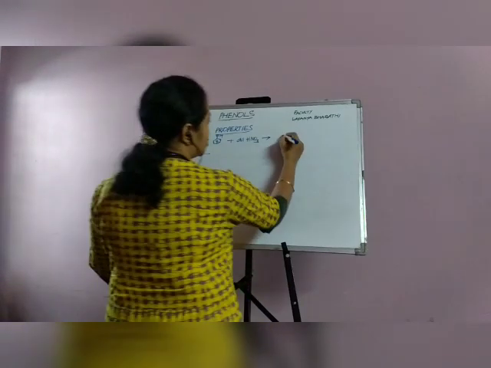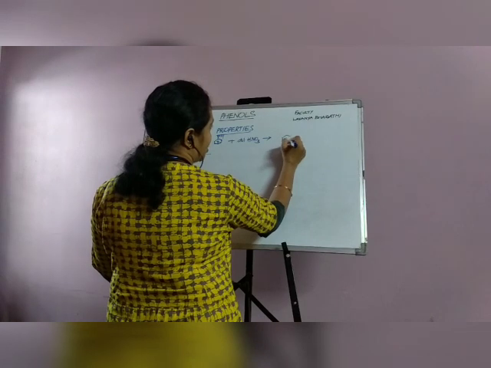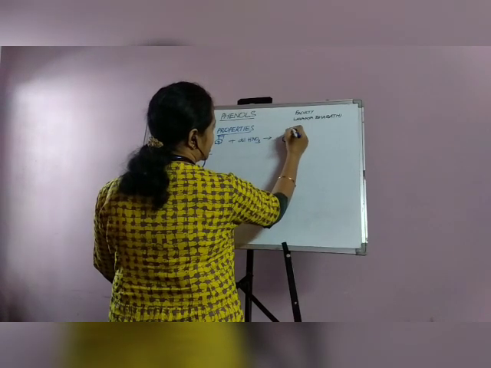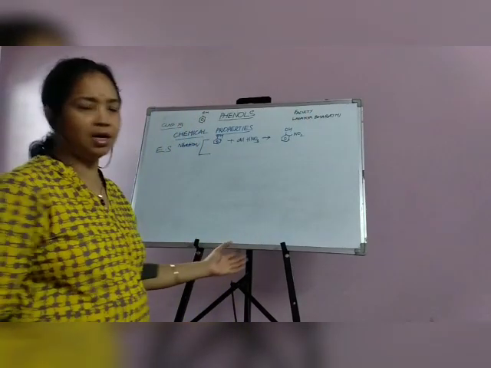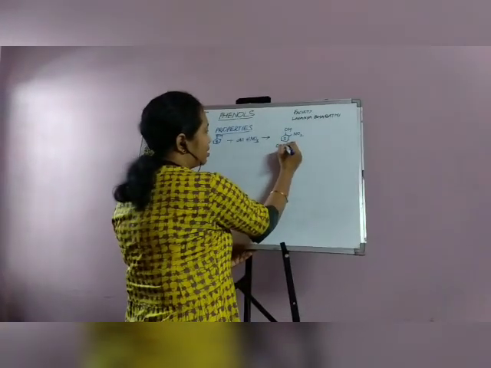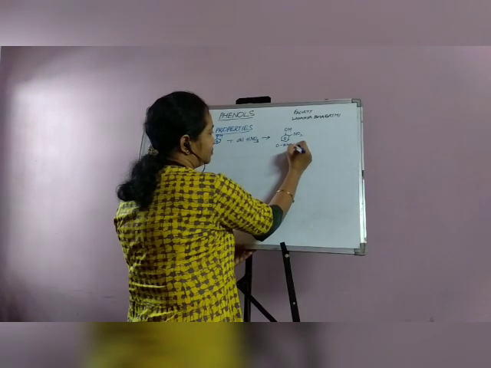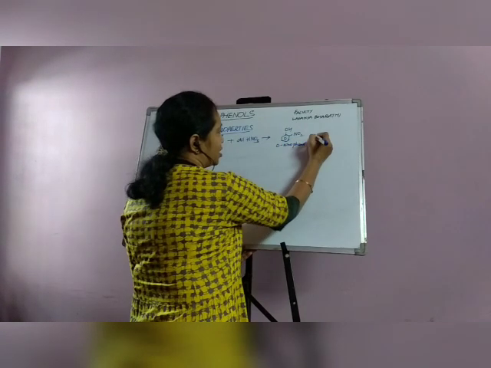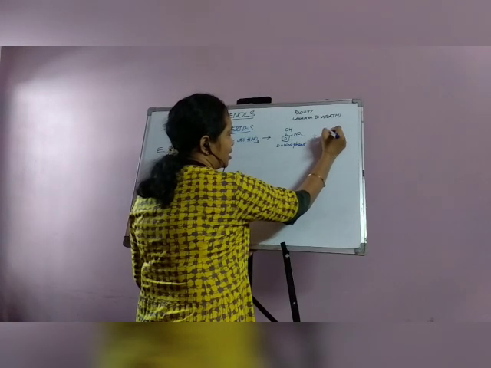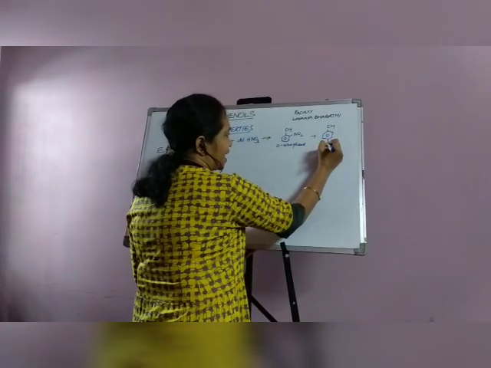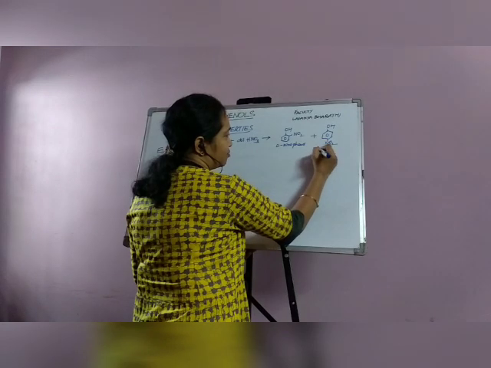So you will be getting two monosubstituted nitrophenols here. This is ortho substituted nitrophenol. You can write o-nitrophenol. And along with that, you will also be getting another monosubstituted nitrophenol, that is a para substituted nitrophenol.